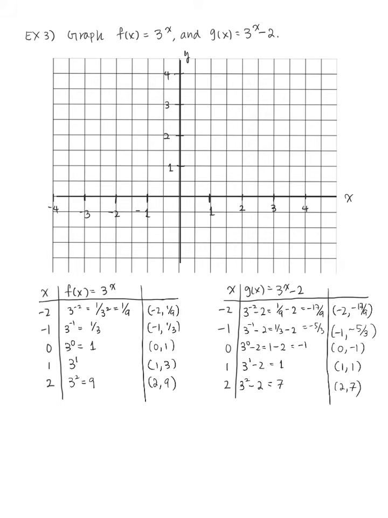So first I'm going to graph our f of x. So when x is -2, the y value is 1 over 9. So it's going to be maybe right here, a little bit closer to the x-axis. Now when x is -1, our y is 1/3.